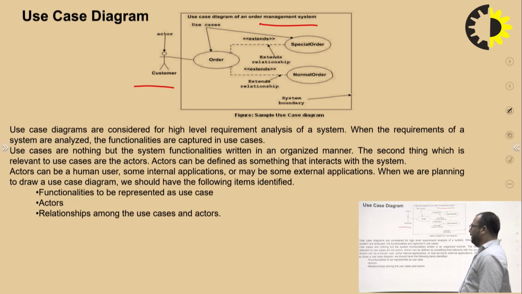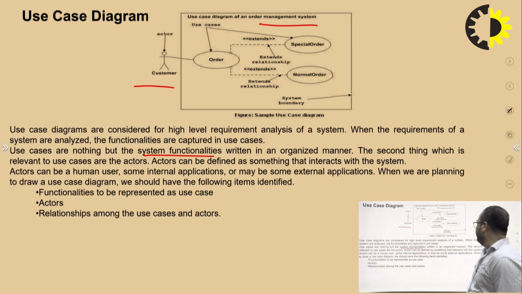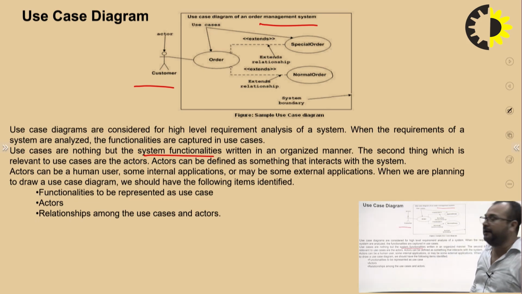Okay, so use cases are nothing but the system functionality, right? The system requirements are written in an organized manner. The second thing which is relevant to use cases is the actors. Actors can be defined as something that interacts with the system, like here it is the customer.